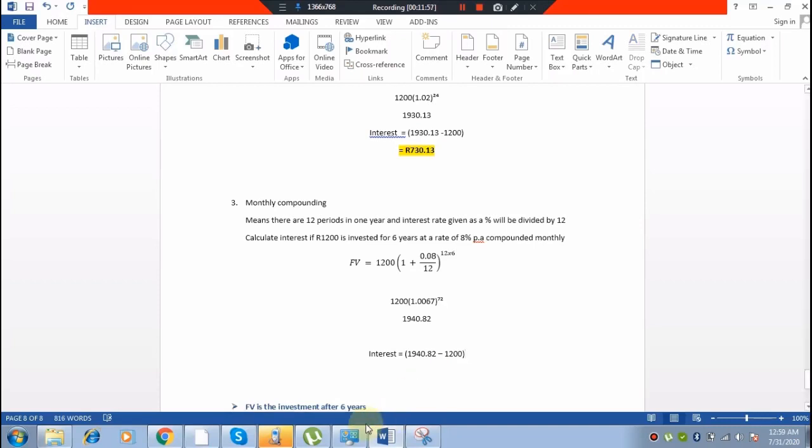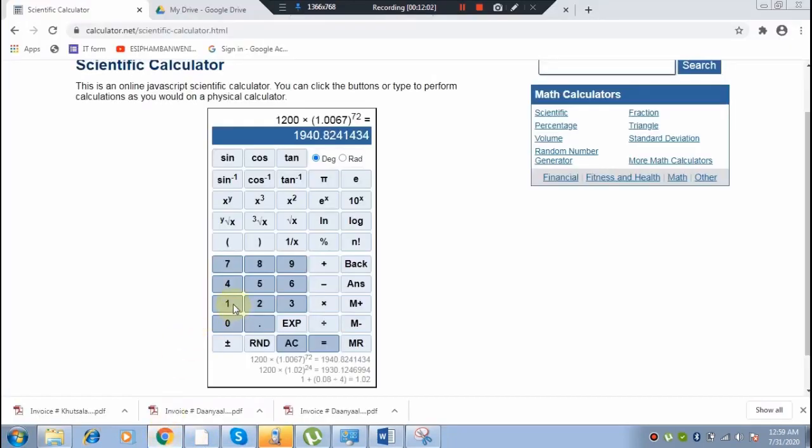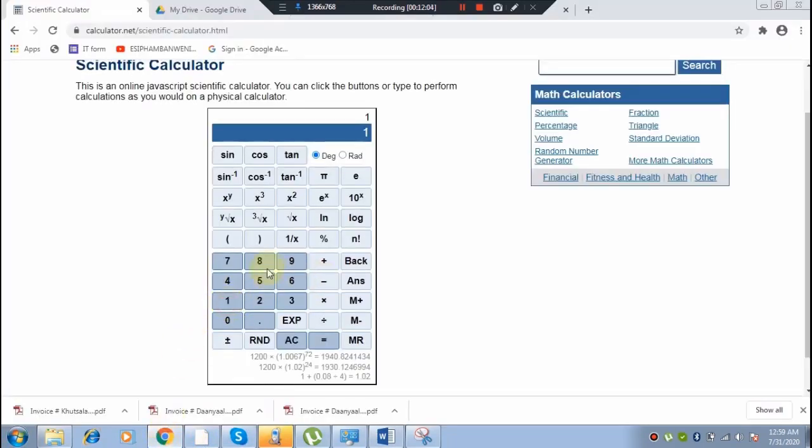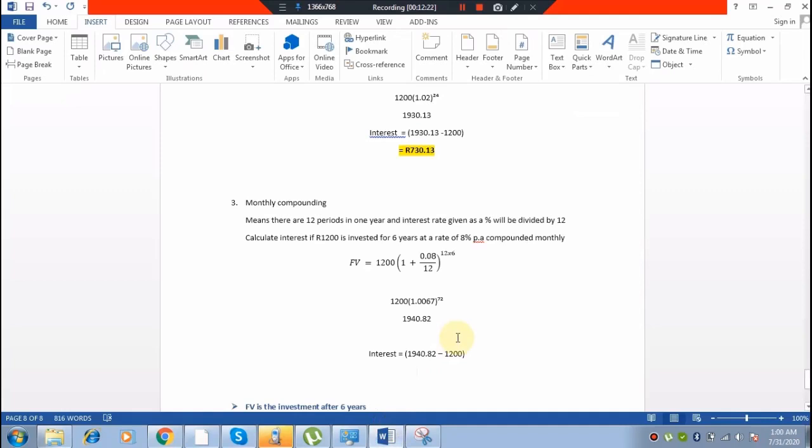So that should give us 740.82. The nominal value is 740.82. There is our amount.